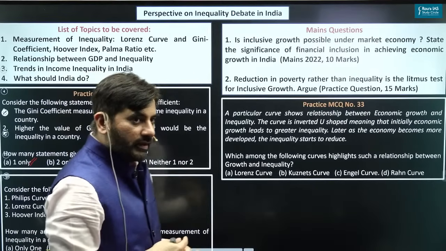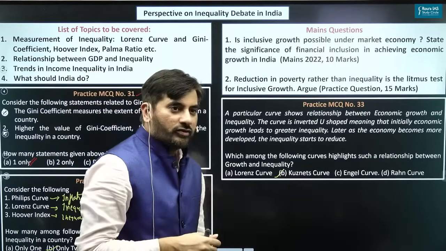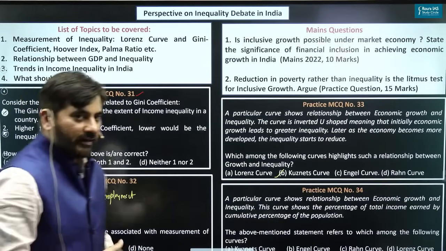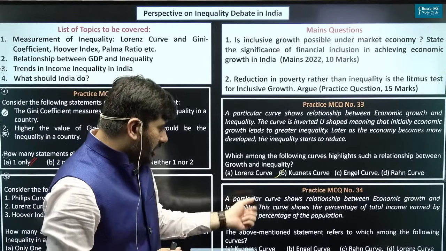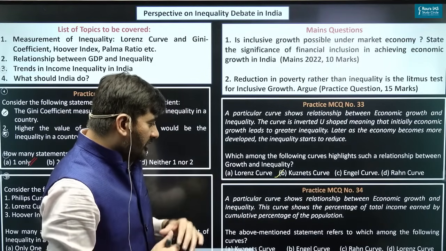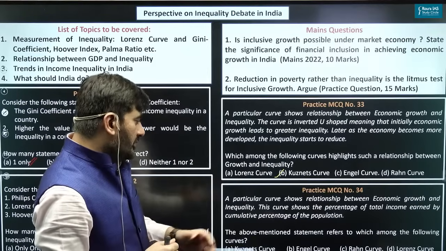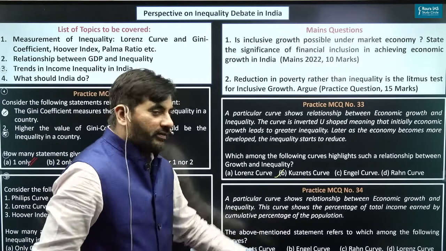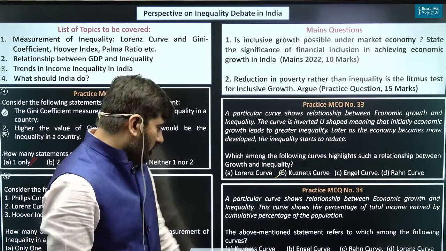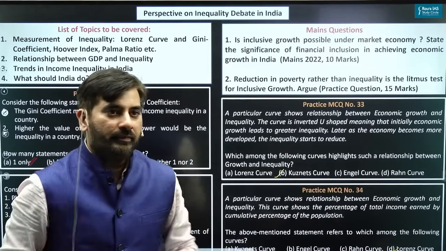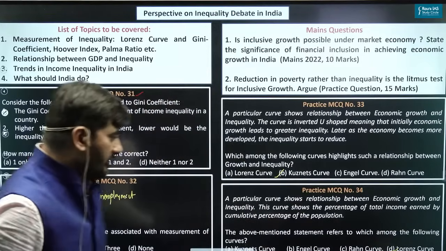We all know the right answer in this particular case is Kuznets curve, right? Practice MCQ number 34. A particular curve shows the relationship between economic growth and inequality. This curve shows the percentage of total income earned by cumulative percentage of population. And we know the answer to this. The answer is Lorenz curve, right? 34th answer is D.